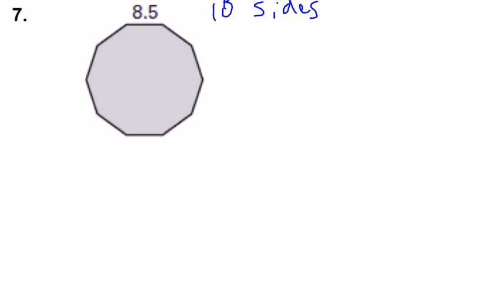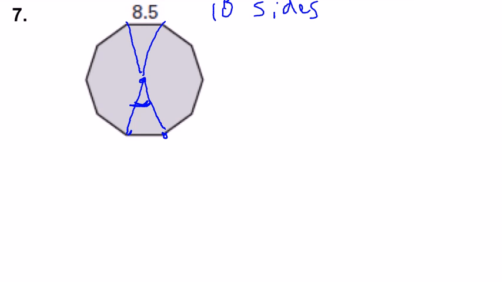Now, one of the things we're going to do with these, if you remember from class, is put a center in there, and draw a triangle that connects the center to two vertices, the end points of a side. You could draw that anywhere. You could draw it there, or up here, or any of these places on the sides. And we're going to figure out the measure of that angle.